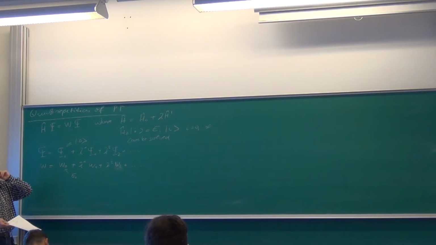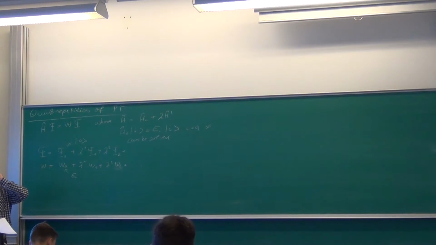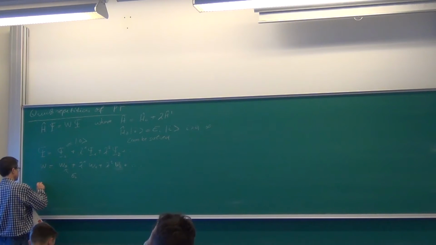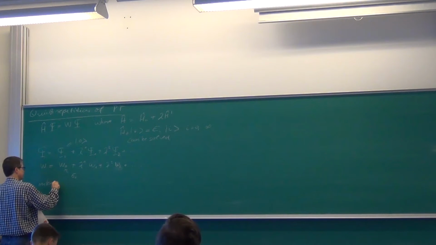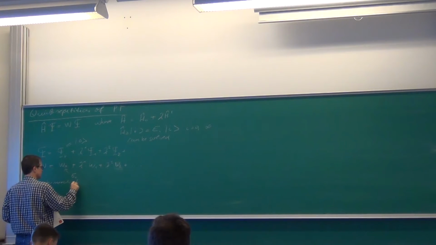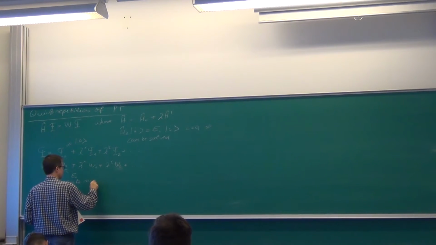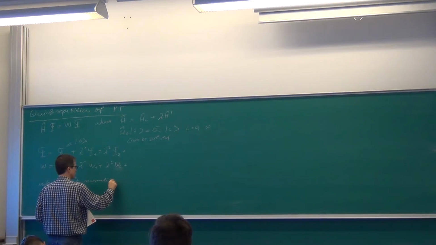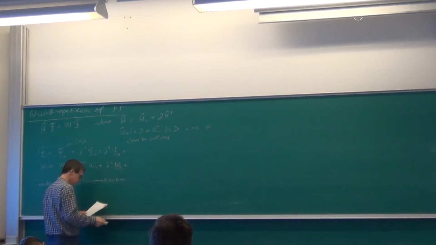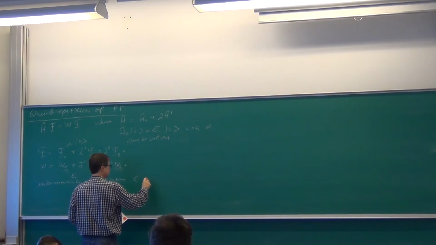And therefore, in the process of deriving the equations, one uses a rather strange kind of normalization, which is called intermediate normalization, which looks like that.